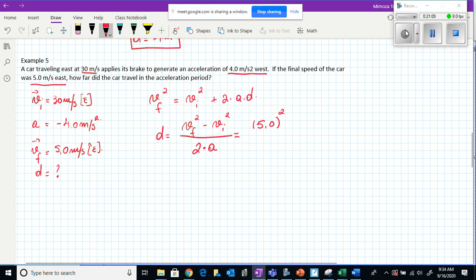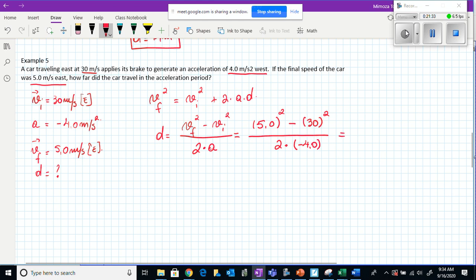and I'm not writing the units here because everything is in the correct units, so meters per second and meters per second squared, minus 30 to the power of 2 divided by 2 times negative 4.